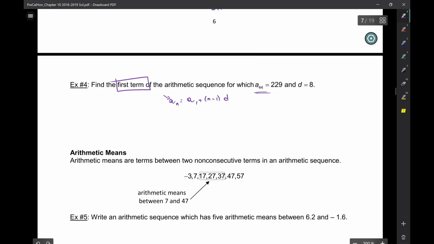AN is always the last term. The last term here is 229 equals A1 plus, how much is N? 44. Times D is 8. So finally, A1 is -115. Okay?